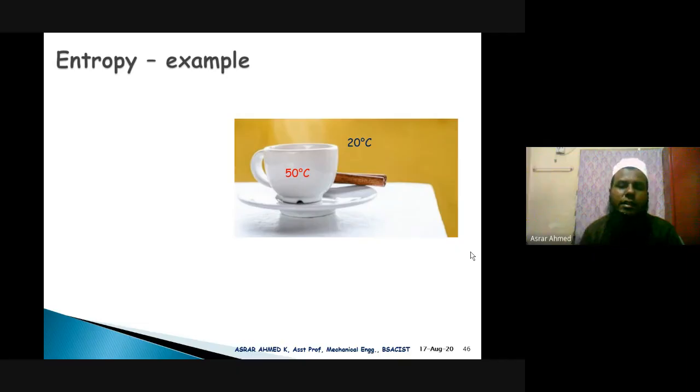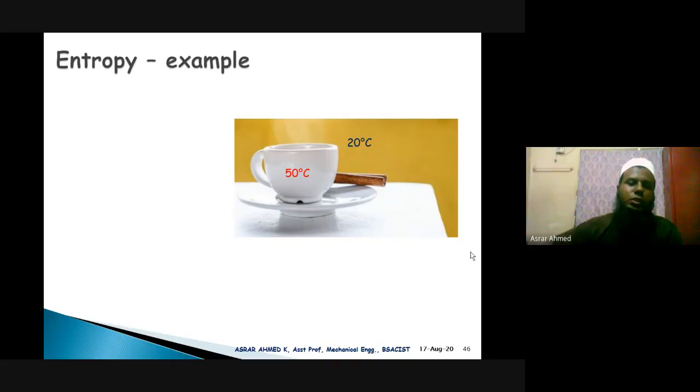The first case is the heat will transfer from the coffee to the environment. The second case is the heat may transfer from the environment to the coffee.